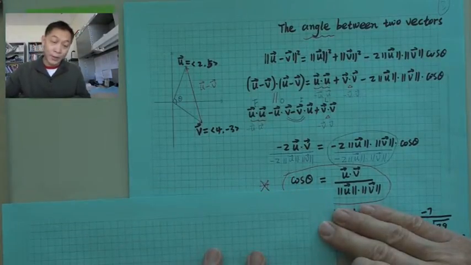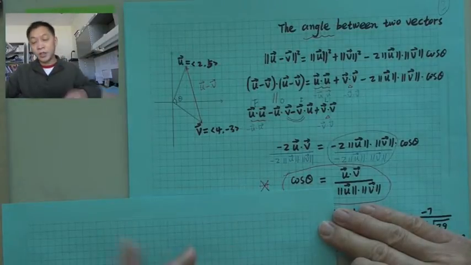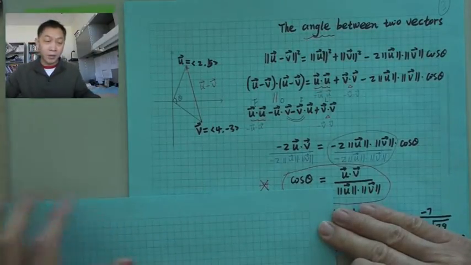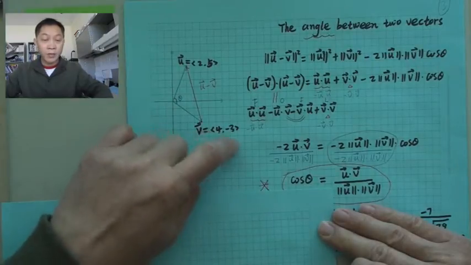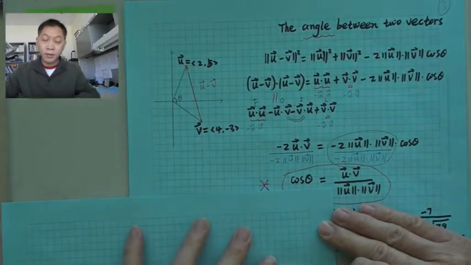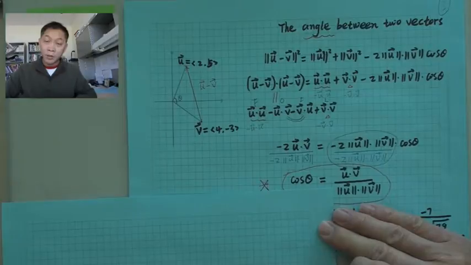And this is very easy to calculate. Why? You see, U dot V is an easy number. It is x times x plus y times y. That's the dot product.